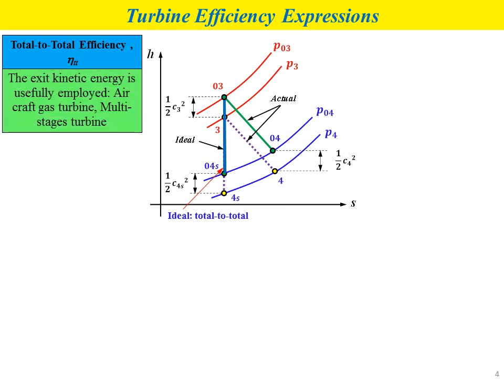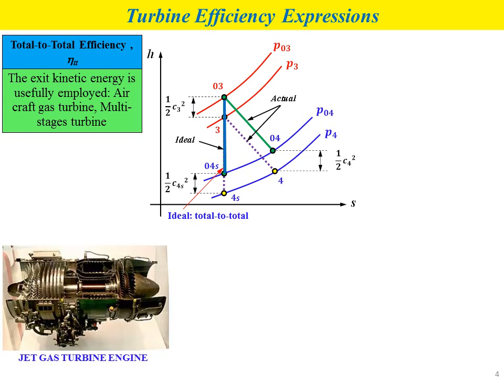This expression of efficiency is normally used for turbines where the exit kinetic energy is usefully employed, such as aircraft gas turbines and multi-stage turbines for gas power plants. This is an example of a jet gas turbine engine, where this kind of turbo machine uses total to total efficiency to determine its performance.